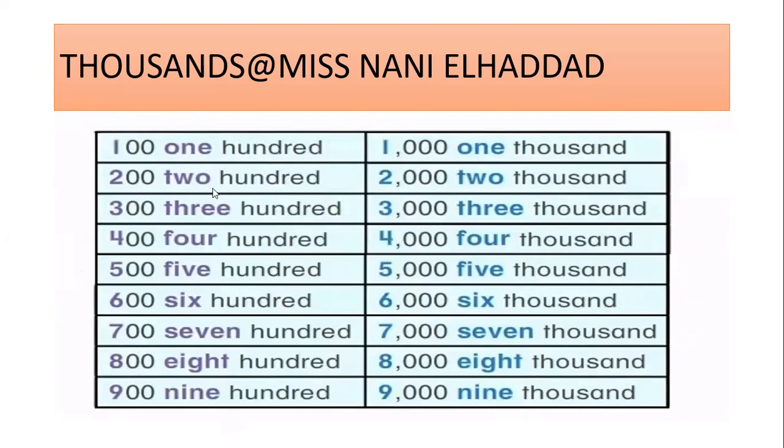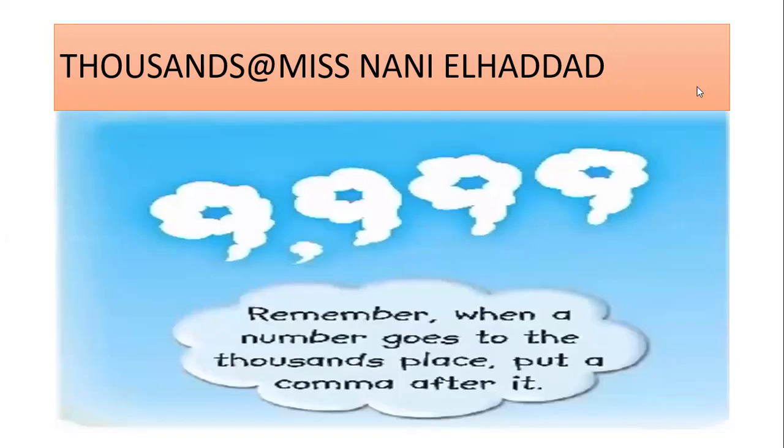So 200 is 200, 300, 3000, 4000, 5000 until 9000. And I want you all to write the numbers from 0 until 9000 in words. So it is very important for you to revise this if you have time to study, which I hope.